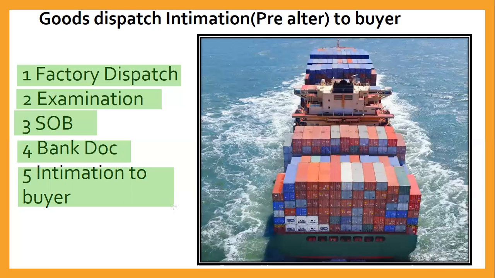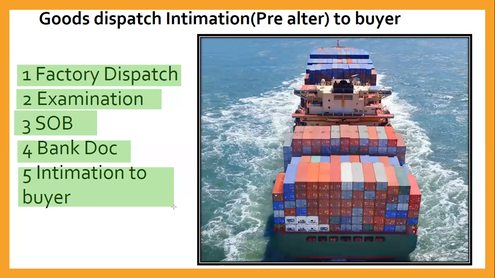Along with this we need to share the set of documents which we have submitted to the bank. You should mention that it is a copy of the documents, because if the shipment is under documents against payment, then if we share the original documents directly with the buyer, it will create a problem for the payment.